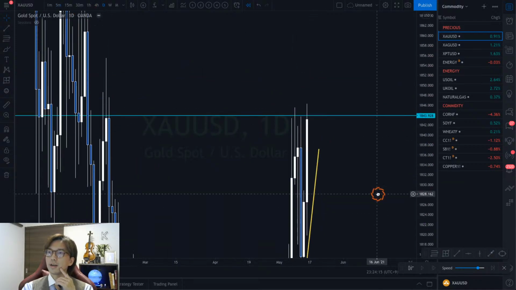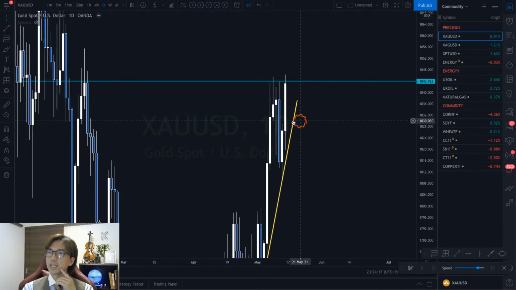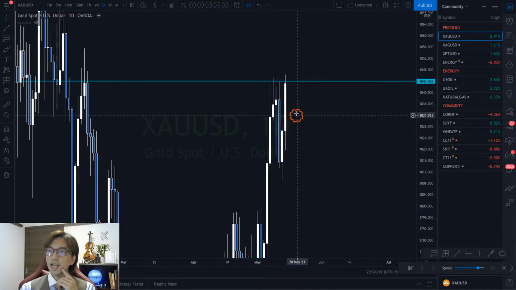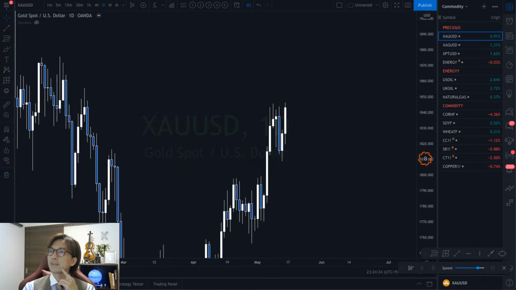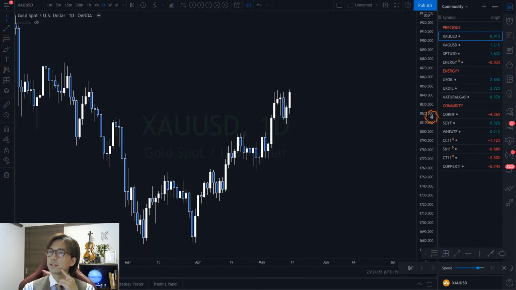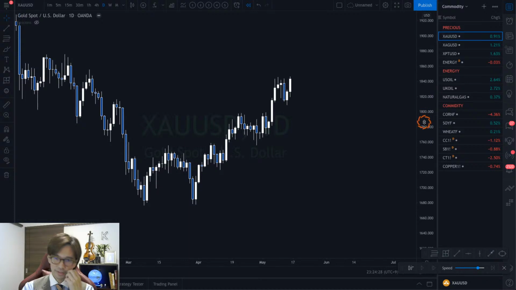So I think these are the basic tools. Of course, I use the lines, trend line, resistance line, support line, horizontal lines. And these are the tools that I'm using to take trades.